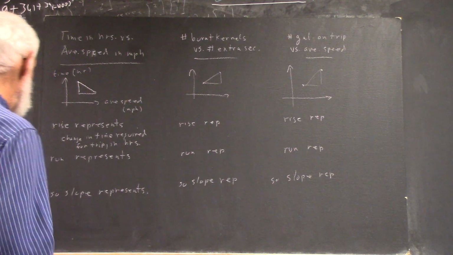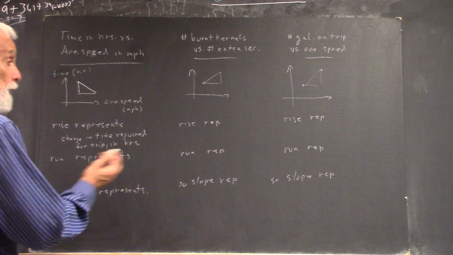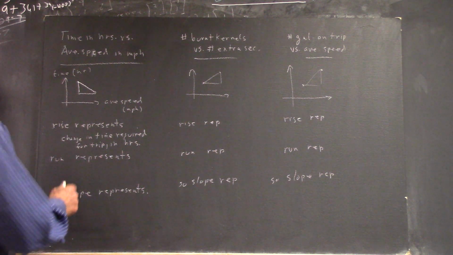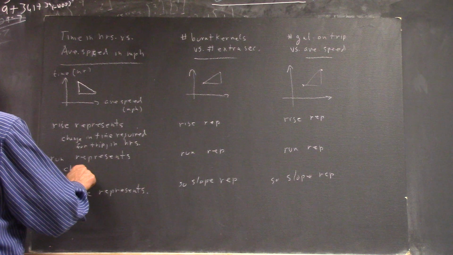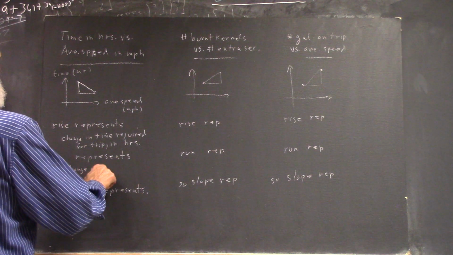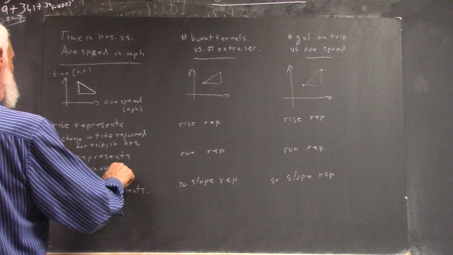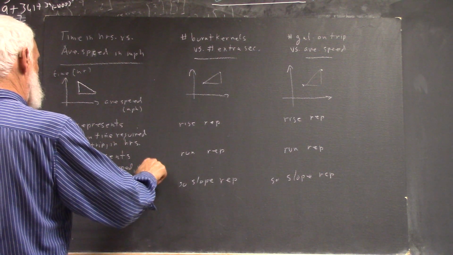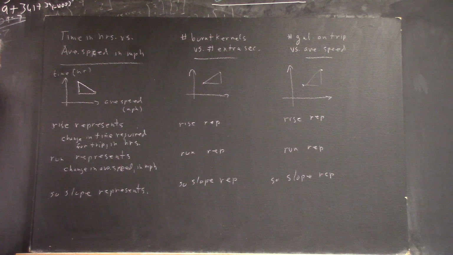Okay? The run represents what? The change in the average speed, in miles per hour, right?